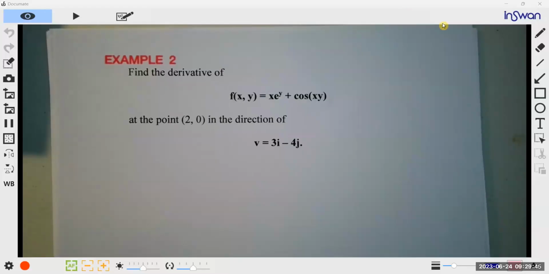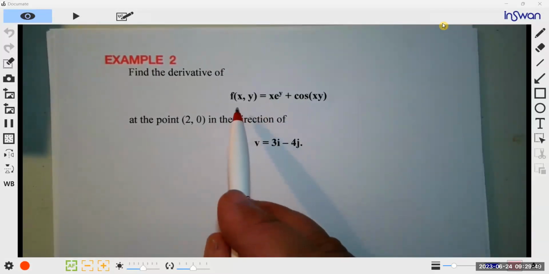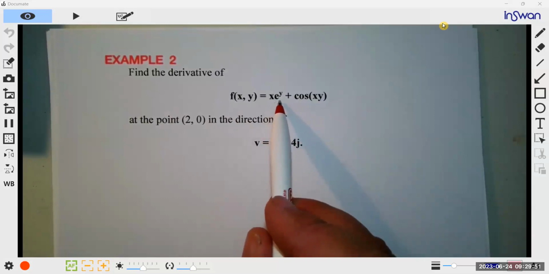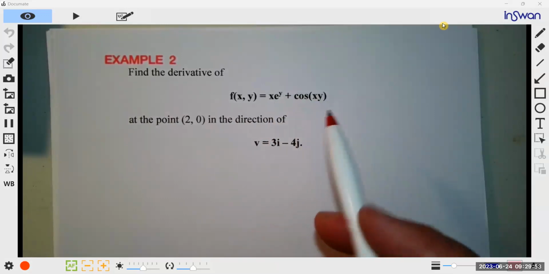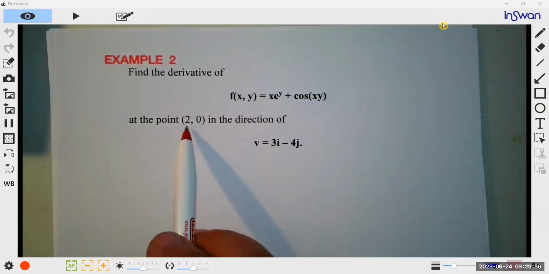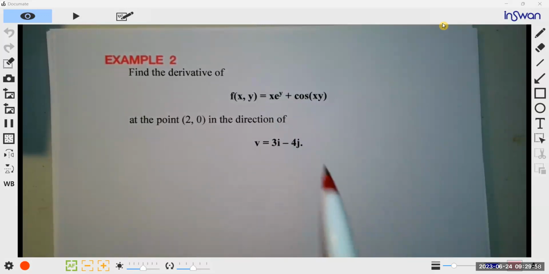All right, let's look at the second example. Find the derivative of f of x, y equals x e to the power y plus cosine xy at point 2, 0 in the direction of v.